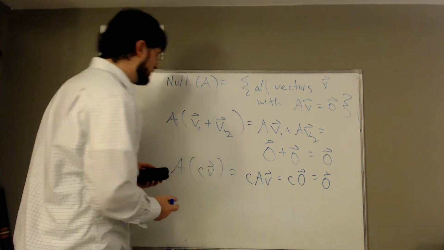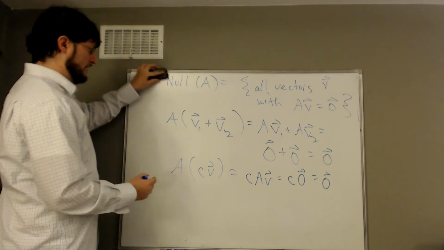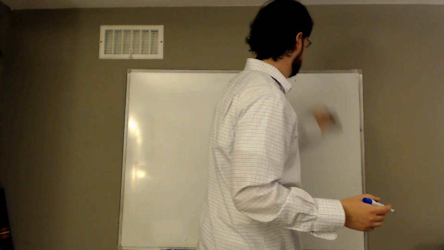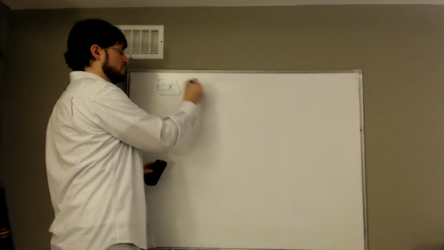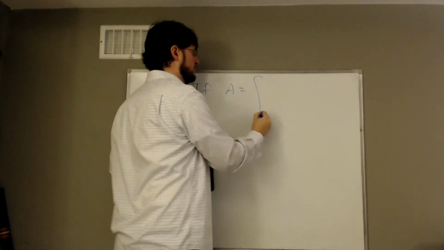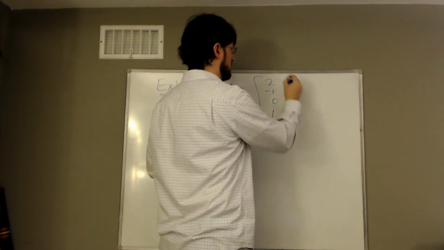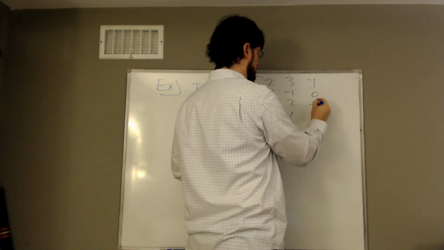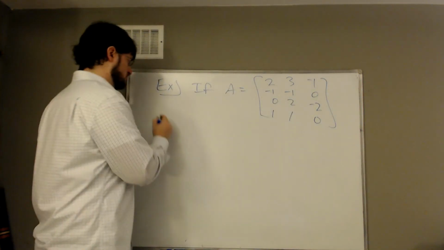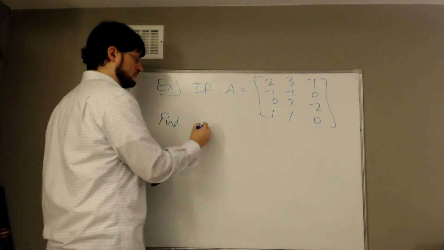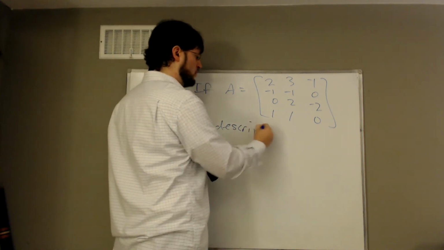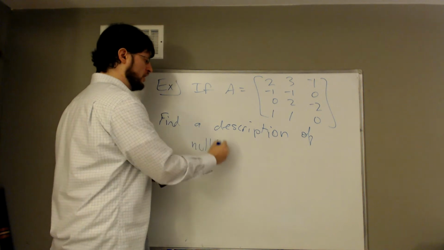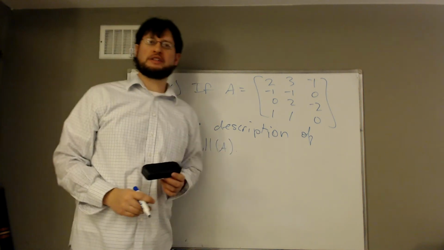But what's it a subspace of? Again, let's be careful about that. A subspace of R what? We've done this before, so let's remind ourselves of how this works. Let's find a description of null A, and you'll see exactly what I mean by that.